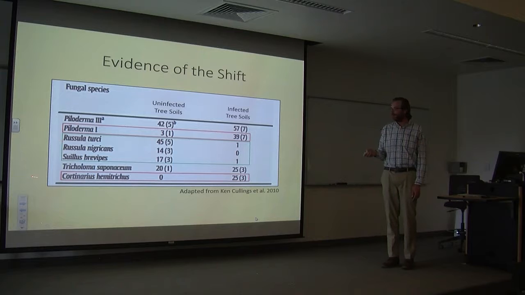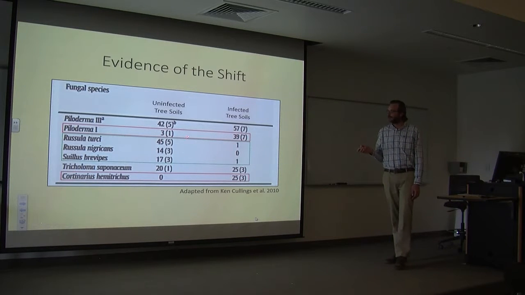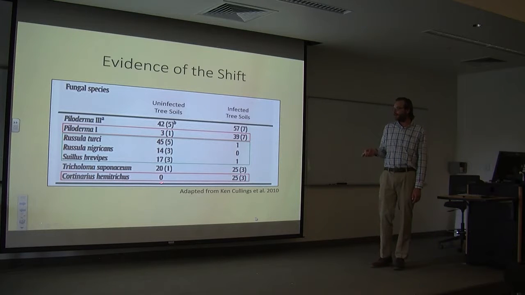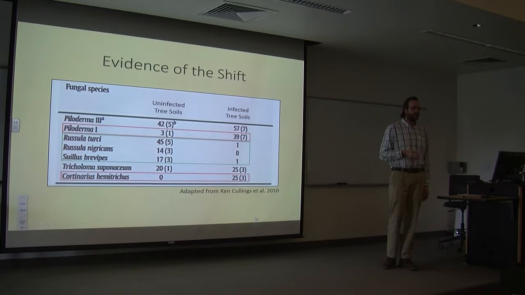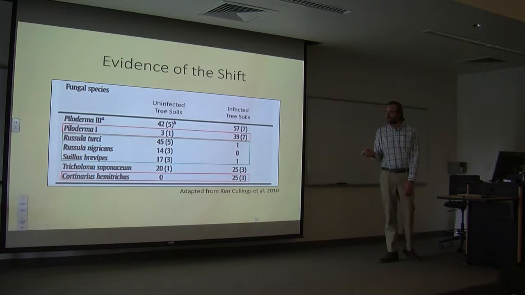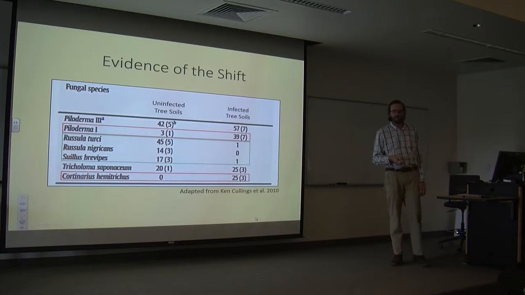Inversely, this Piloderma and Cortinarius species are reversed: in uninfected soils pretty much absent, and then in the soils of the infected trees very prevalent. This could mean that these two species are more efficient at getting those nutrients.